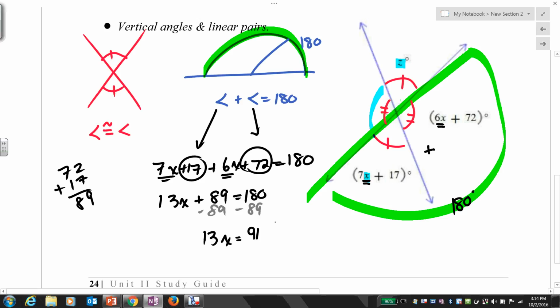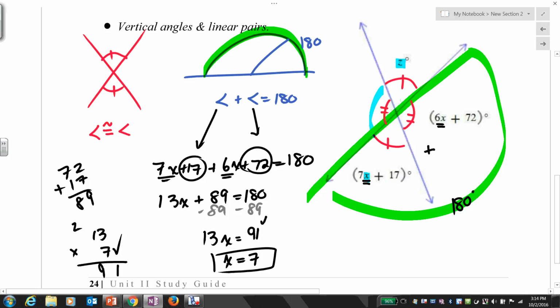Now we ask ourselves, 13 times what is 91? If it's even, which it will be, the only thing that ends with the 1 that's times by 3 is 7. So let's check that out. That's going to be 1, carry the 2, and lo and behold, it is 7. So x equals 7.